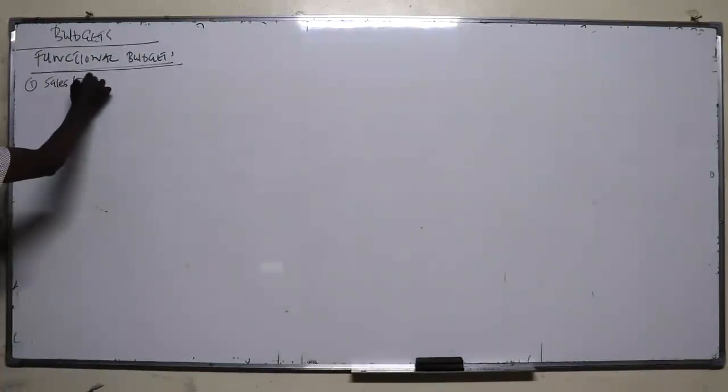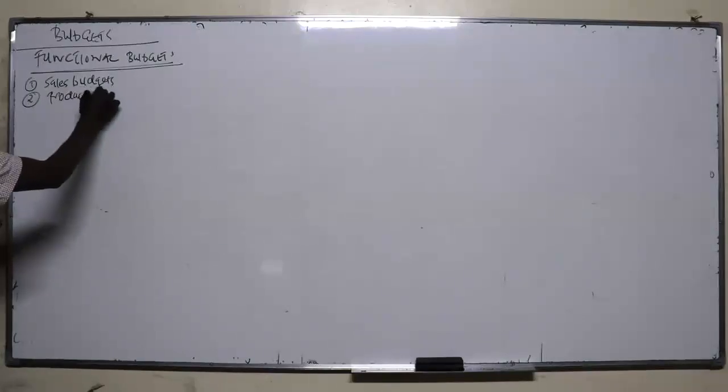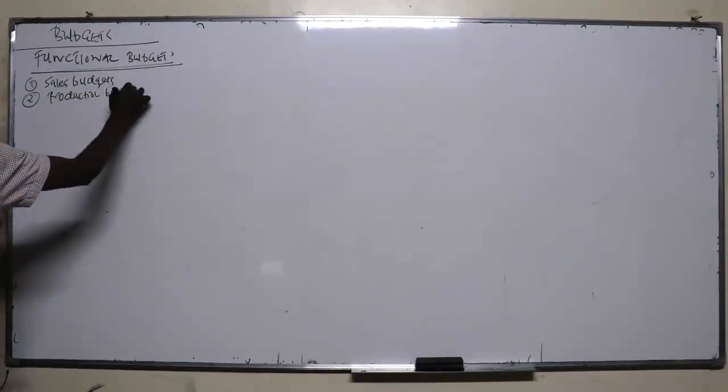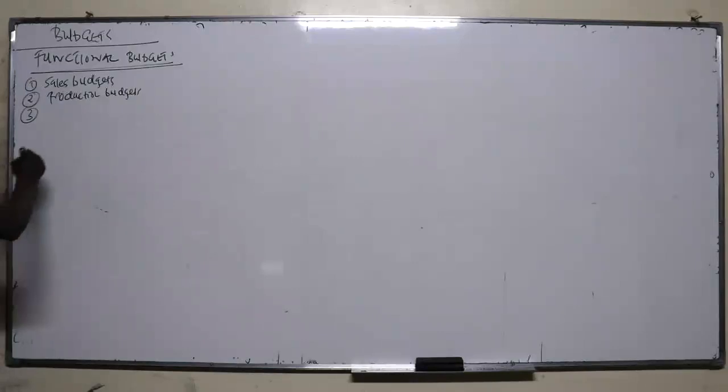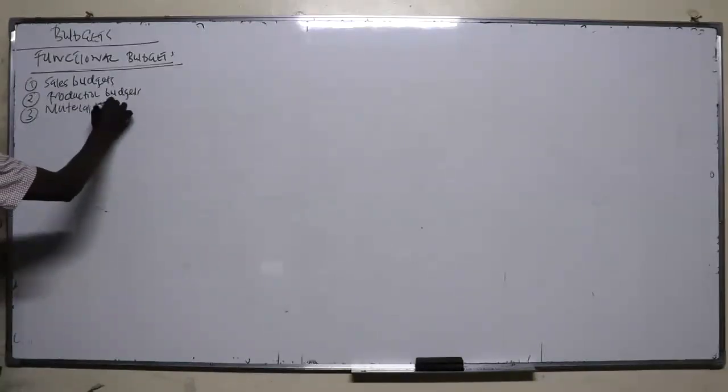So here, you expect to know how to prepare number one, the sales budget. Number two, production budget. Number three, material usage budget.